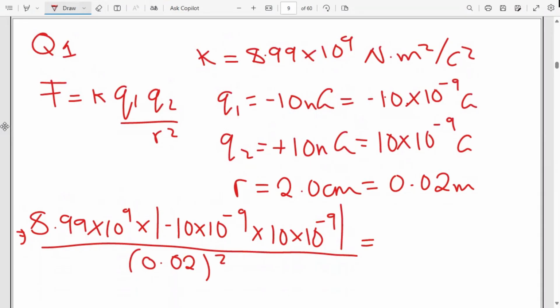I'll plug my numerator into my calculator.